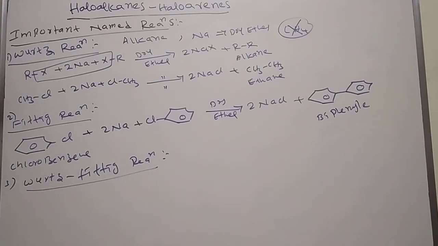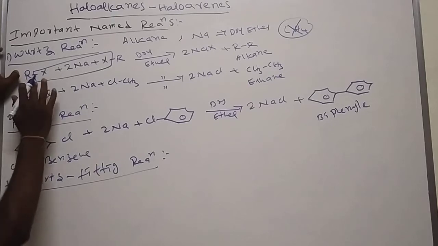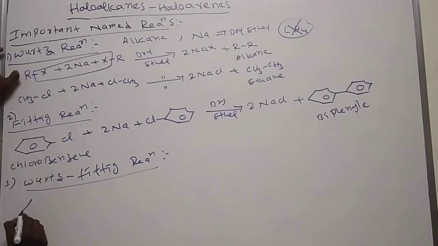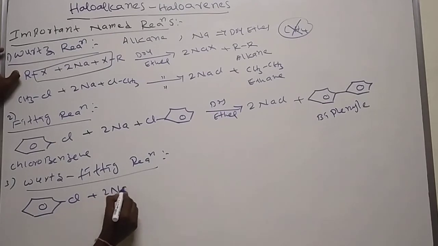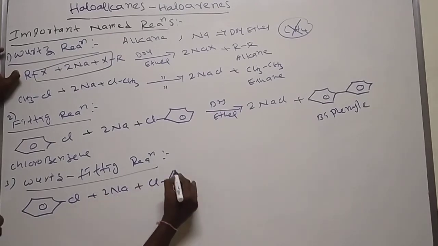Then in continuation, we'll see the Wurtz-Fittig reaction. What is the Wurtz-Fittig reaction? In Wurtz we use alkyl halide, in Fittig we use aryl halide. Here I am taking aryl halide and alkyl halide.